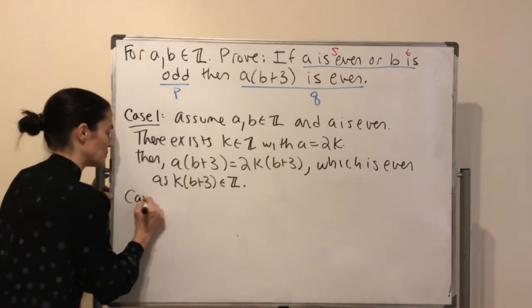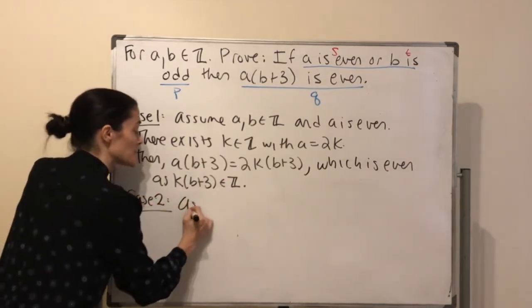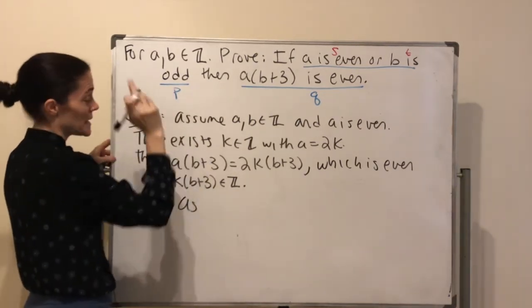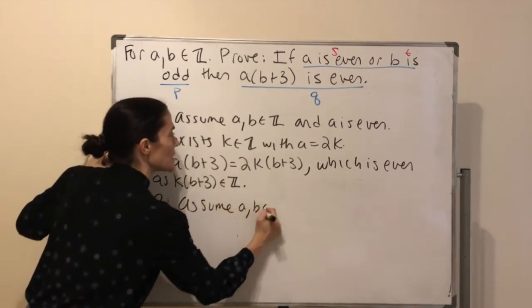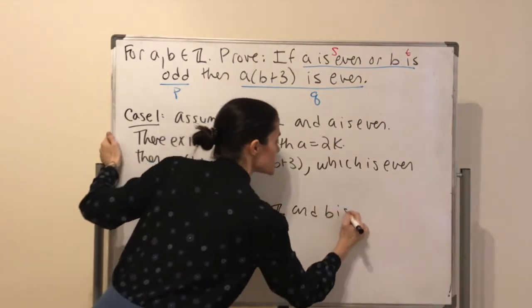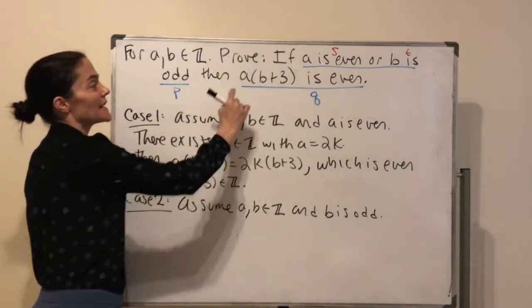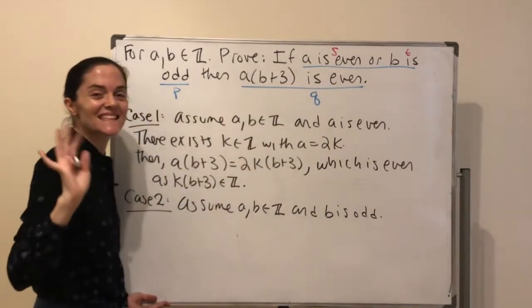Now, case 2. This was the other possibility for when the or was true, and that is that b is odd. So we assume a, b are integers, and b is odd. And then also in this case, I need to show a times b plus 3 is even.